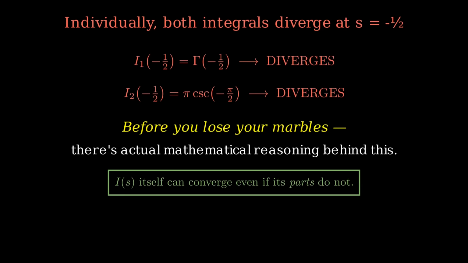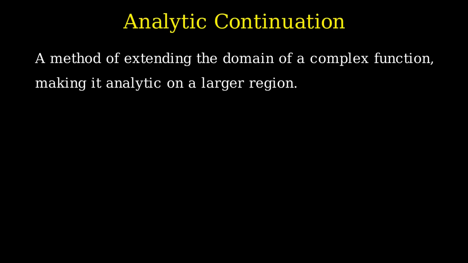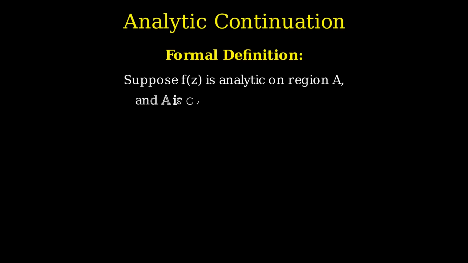I of s itself can converge despite one of the parts not being convergent due to the process of analytic continuation. Analytic continuation is this method of extending the domain over which a complex function is defined, extending the function to be analytic on a bigger region. The full definition of analytic continuation is as follows.